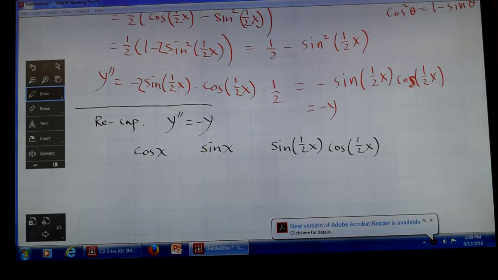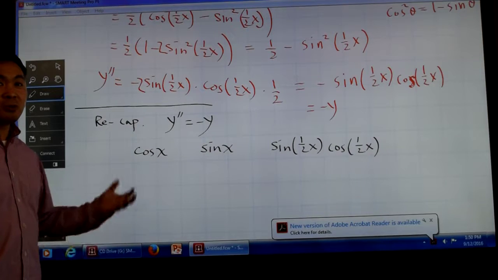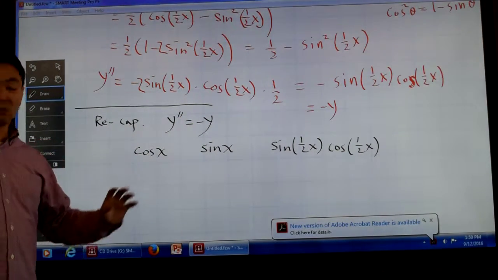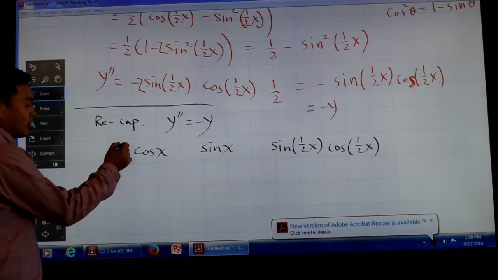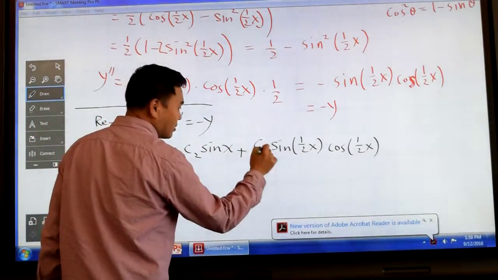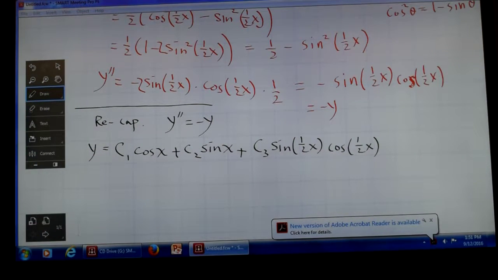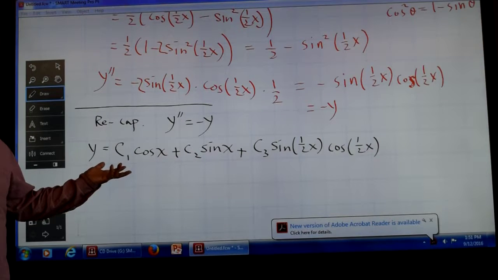So we basically have three solutions, and you'll see later that if you have any number of solutions of a linear homogeneous differential equation, you can always take linear combinations of them and come up with a new solution, and then this will be another solution.